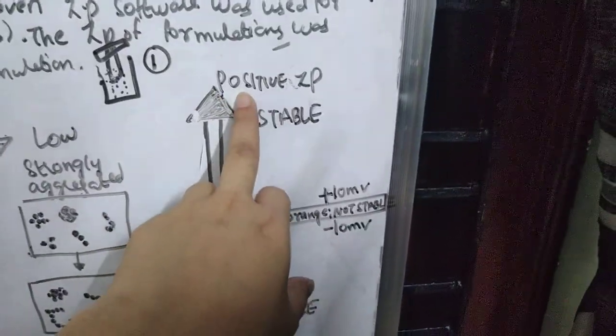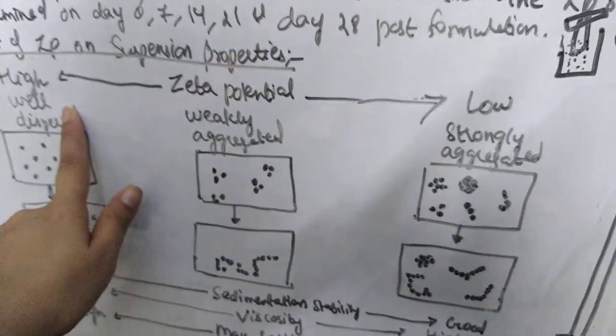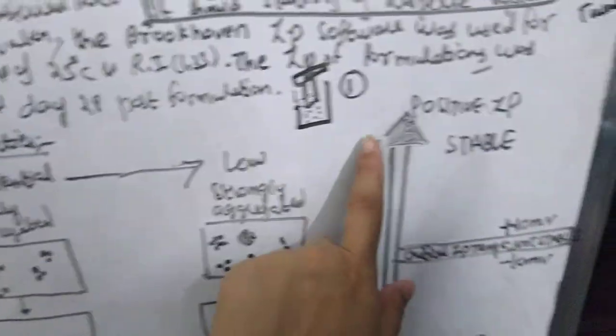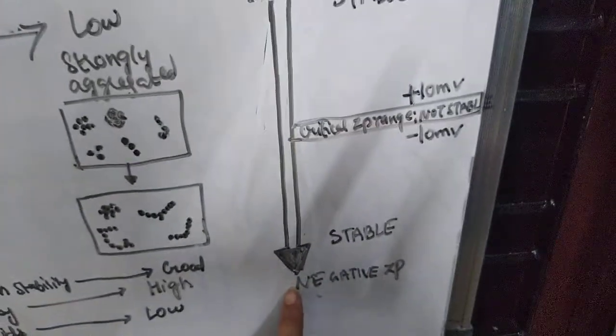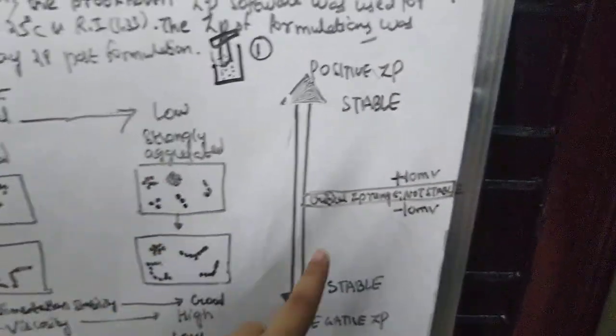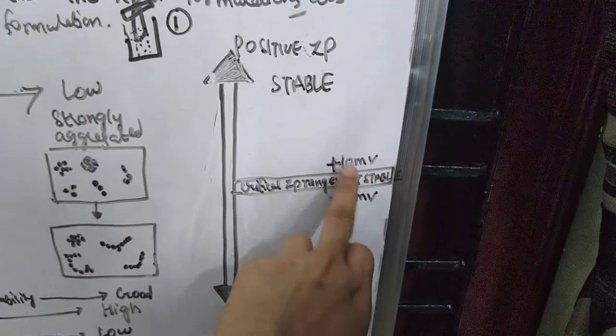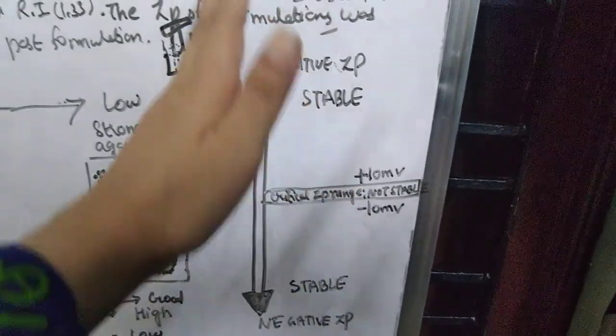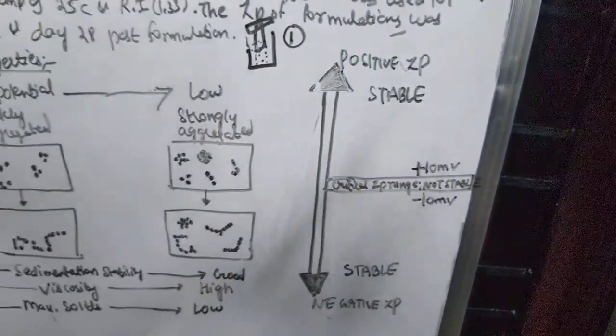And if your zeta potential is positive, high positive zeta potential, it is stable. And even if your zeta potential is negative, it is stable. So this is the diagram for a dispersed system. Critical zeta potential range, not stable, plus 10 to minus 10 millivolt, positive zeta potential, negative zeta potential.